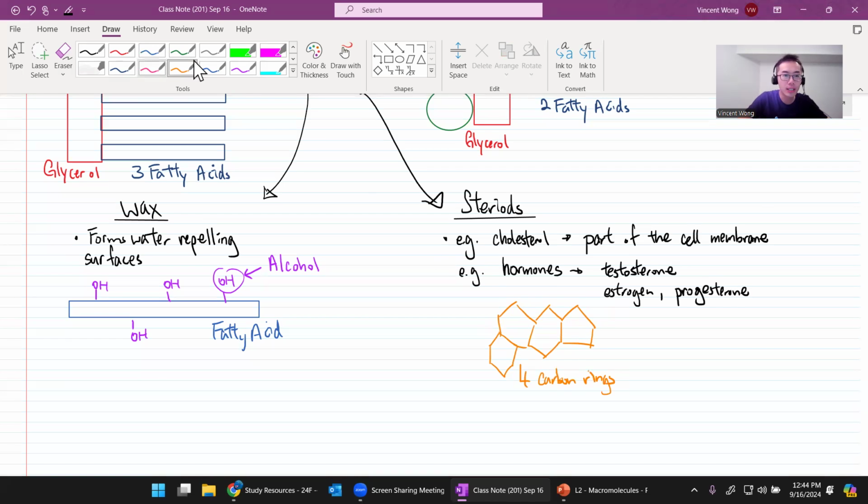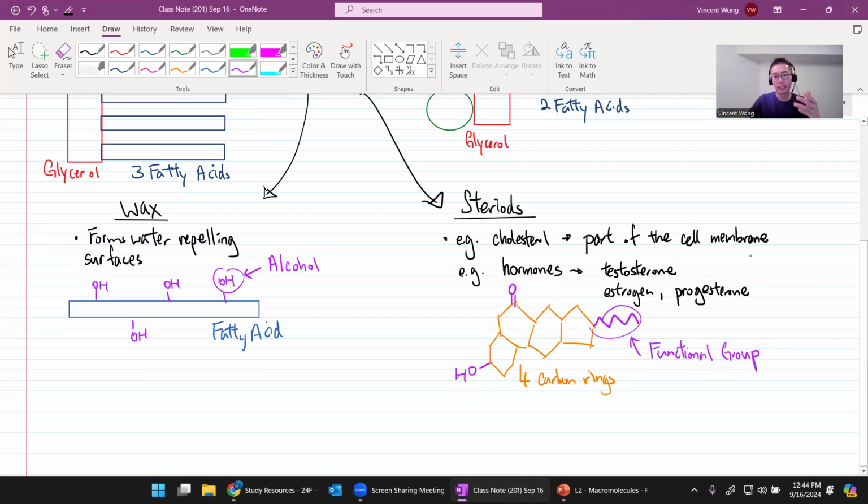In addition to the carbon rings, we have some other groups attached to it. These other groups are called functional groups. You will learn more about functional groups in organic chemistry next semester.